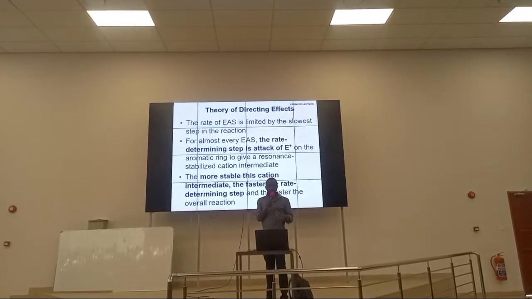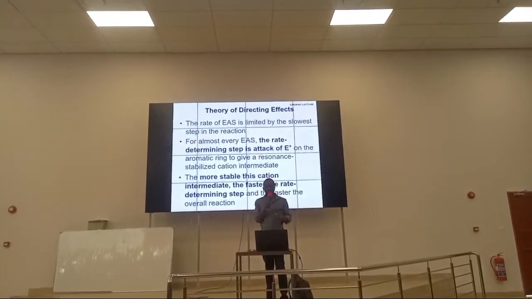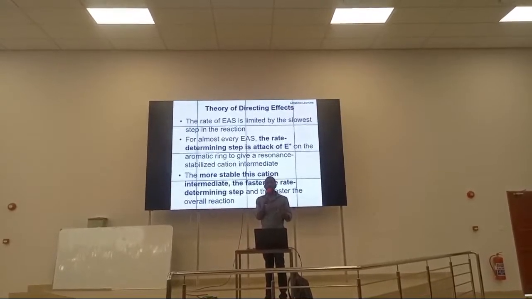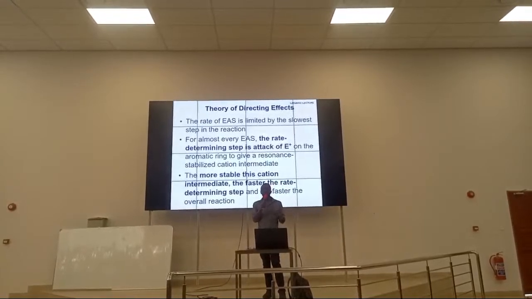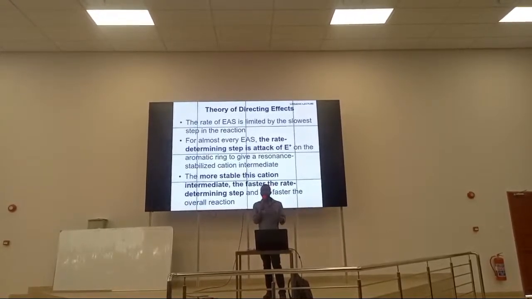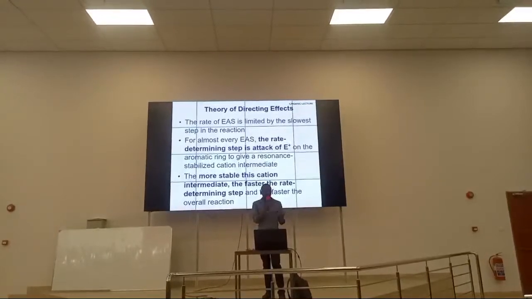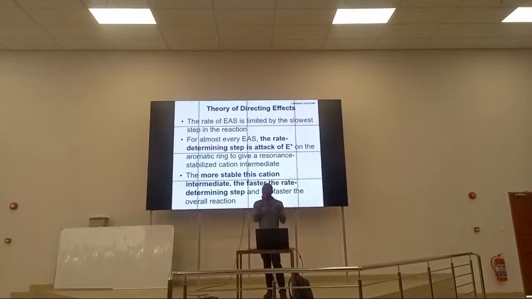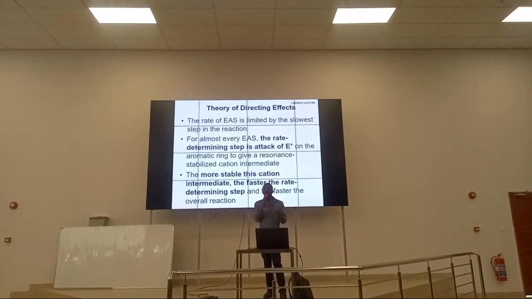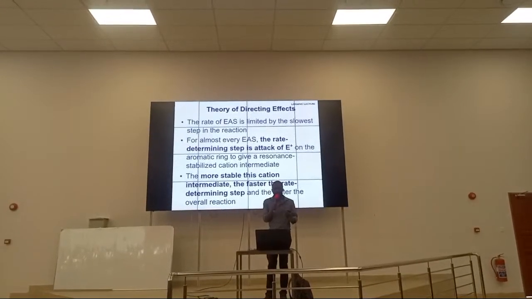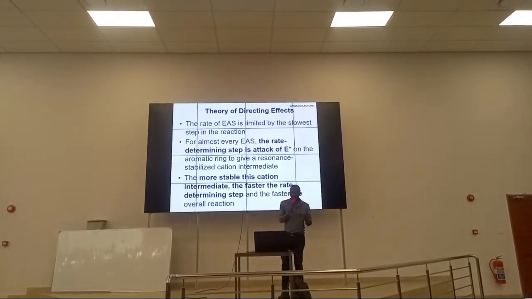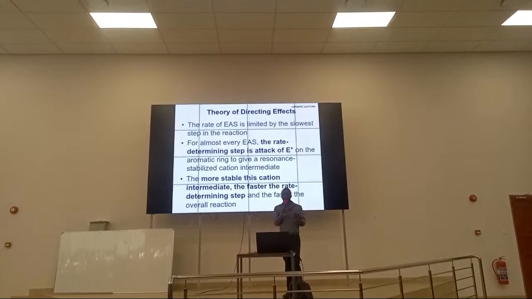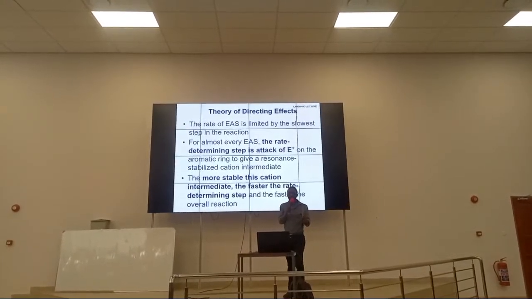So that is the slowest rate determining step in electrophilic aromatic substitution. And we are going to see that this slowest step, which leads to the formation of a carbocation, or what we call an arenium intermediate, because it's coming from an aromatic compound, is actually what holds the key in understanding why certain functional groups are meta-directors and why others are ortho-para-directors.